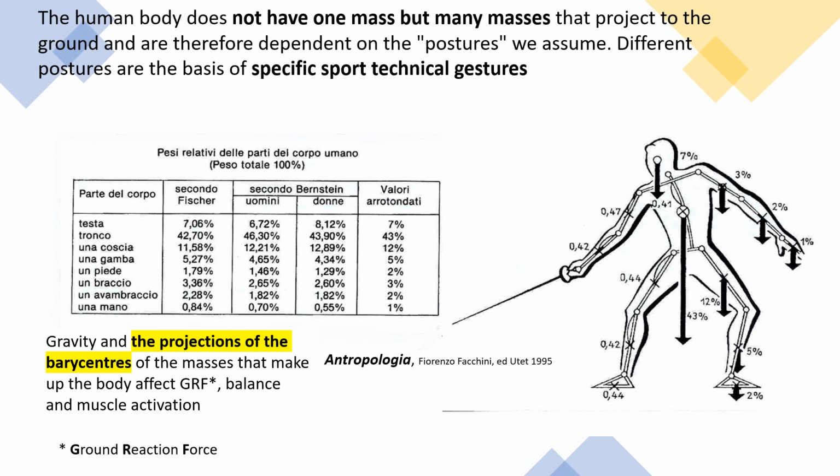We determine different ground reaction force. We have a different force implied in our movement with respect to ground reaction force. We have a different foot movement on the ground. There are different head movements.